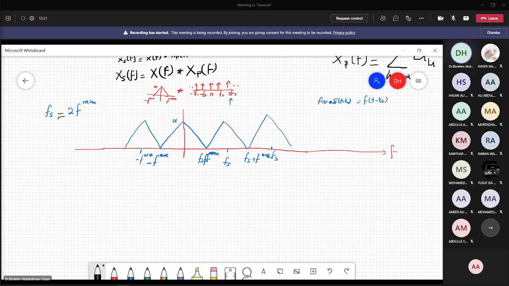So then this is 2fs. This is fs. Well, I will get another one here. Minus.